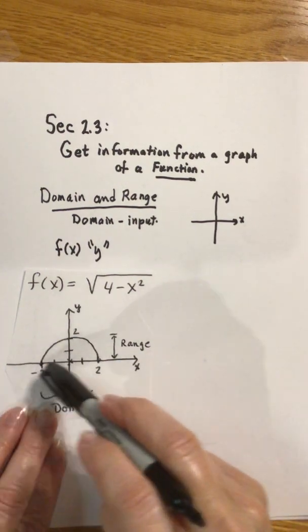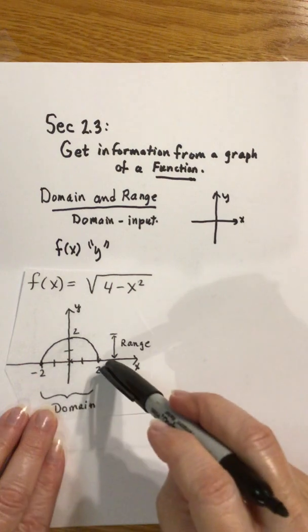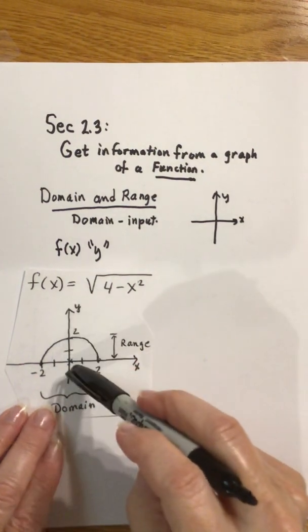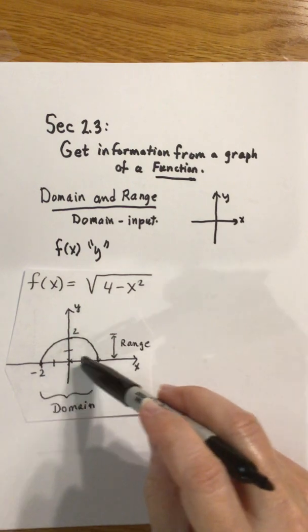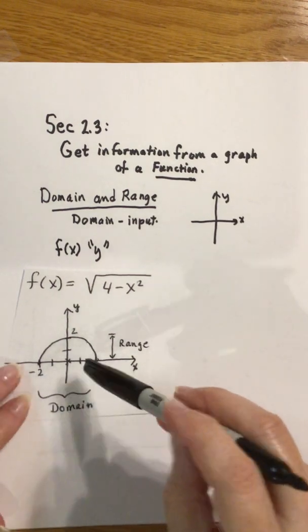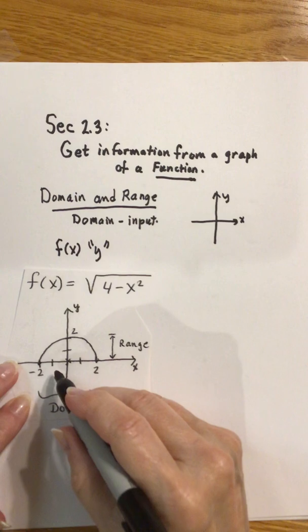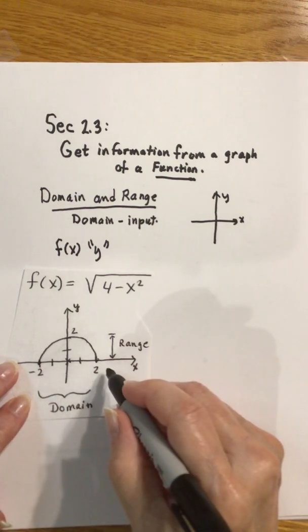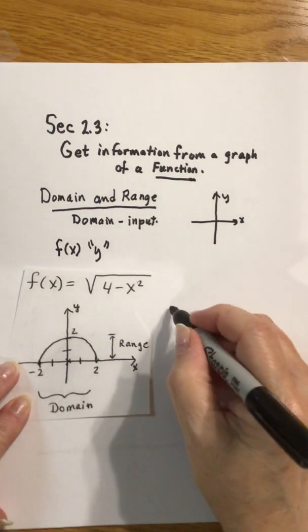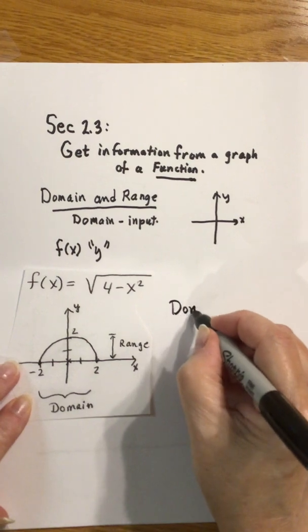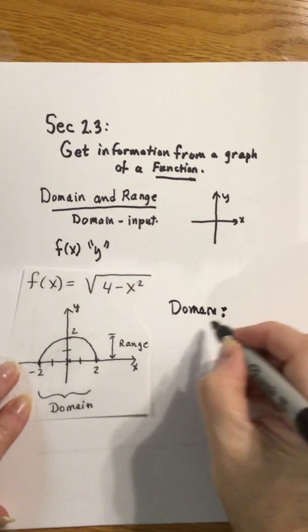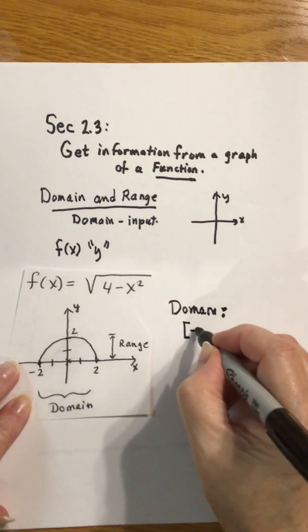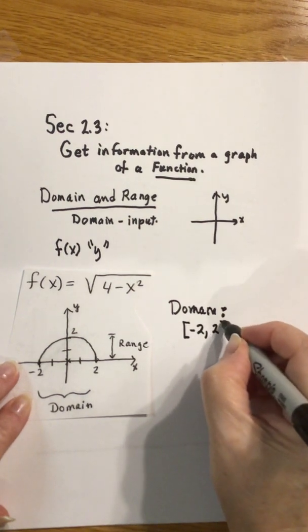So this right here is my x-axis, and this is my y-axis. So we know that my domain is going to be the things that are on the x-axis. So from 2 to -2, or -2 to 2, depending upon which way we're going to call it. So we're going to say domain is going to be brackets -2 to 2.